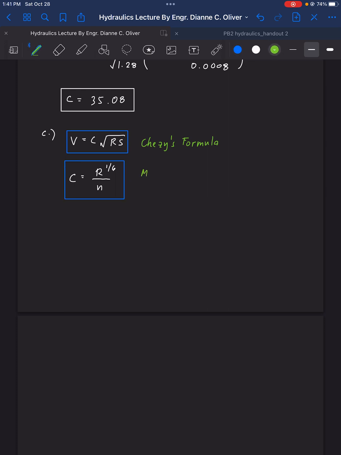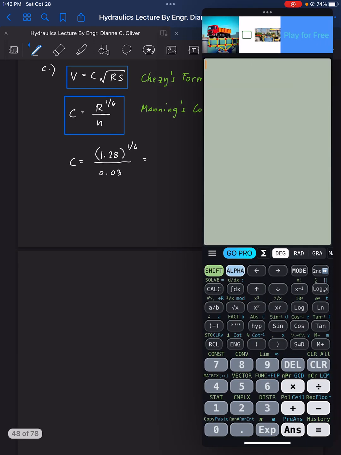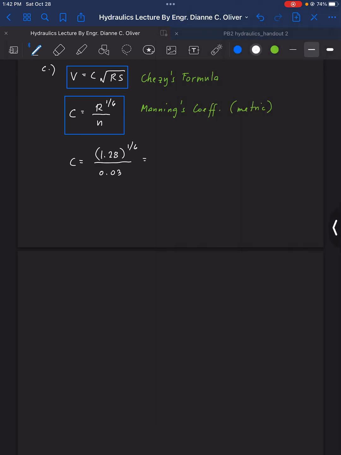That is Manning's coefficient in metric. So we will get the value of C first, that is 1.28 raised to 1/6 all over 0.03, that is 34.73. So 34.73 for C.